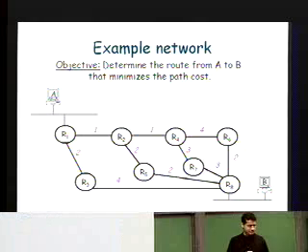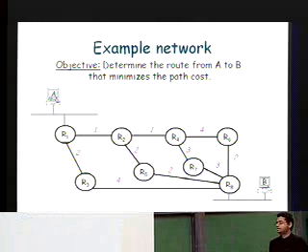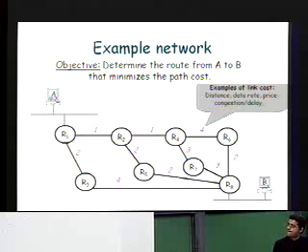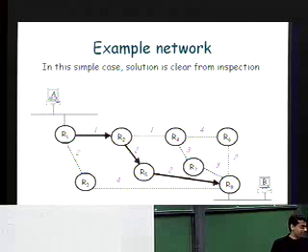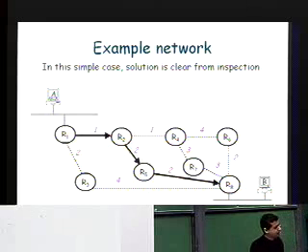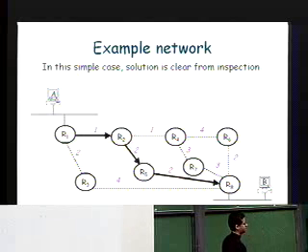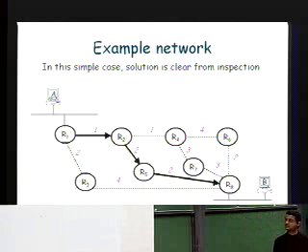That seems right, and you can sort of check this by inspecting, right? This seems to be the right path, and you can just look at the network, inspect it, and choose the right path. Is this inspection solution scalable?